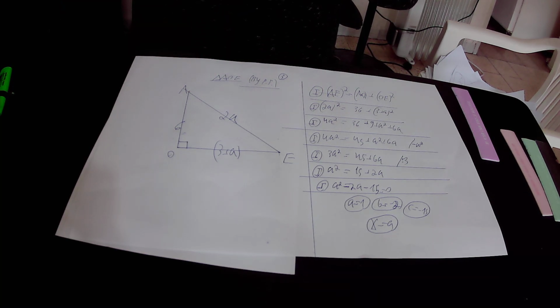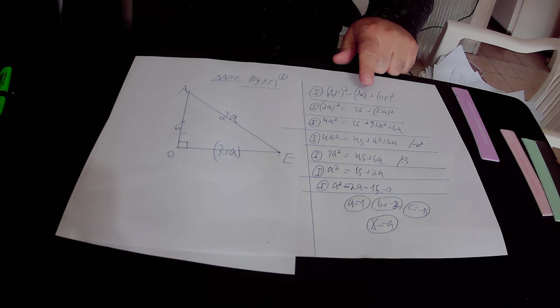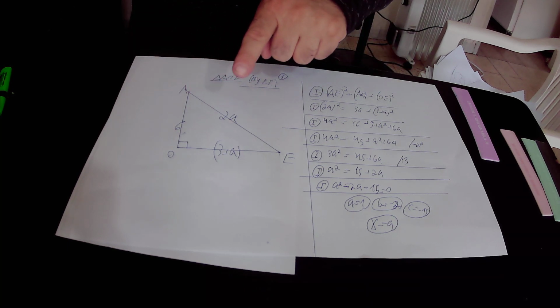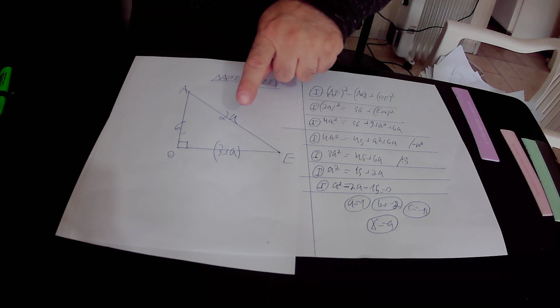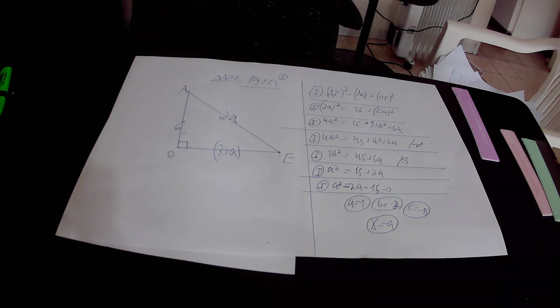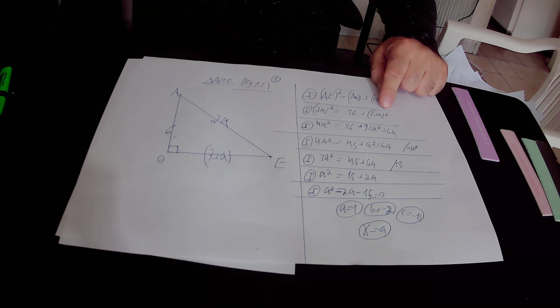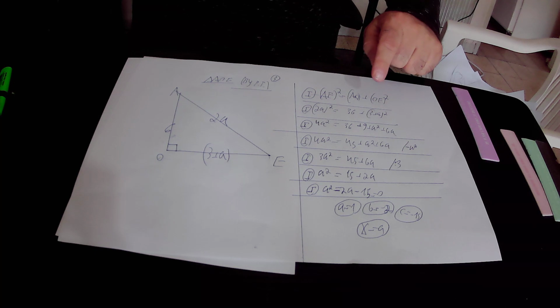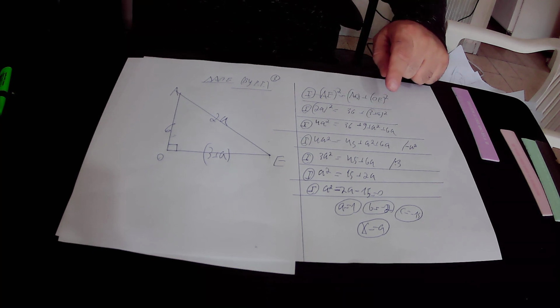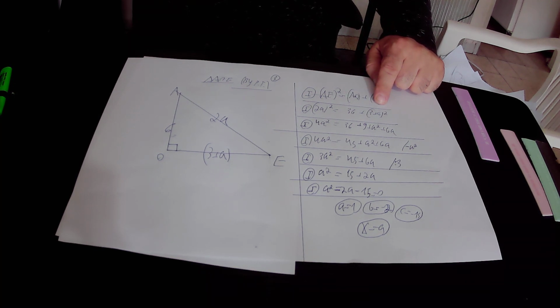AO equals 6, so AO squared is 36, plus OE squared. OE is 3 plus A, so OE squared is (3 plus A) squared. So 2A squared is 4A squared, which equals 36 plus (3 plus A) squared.